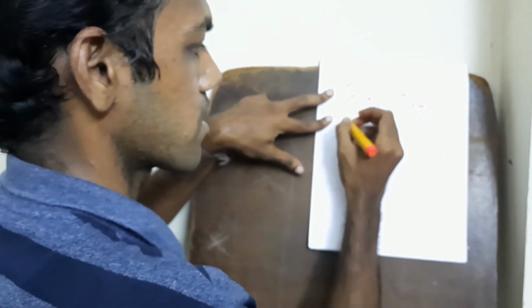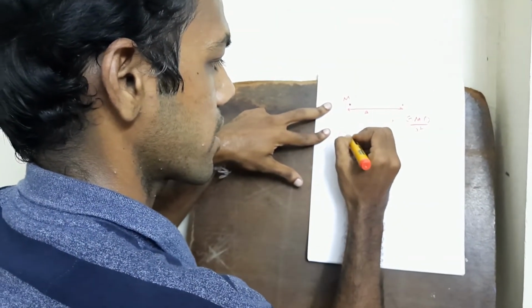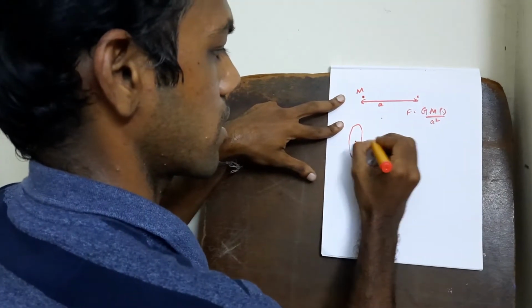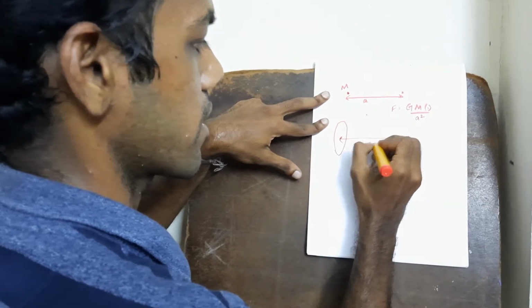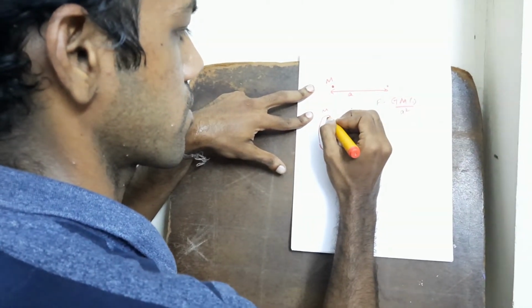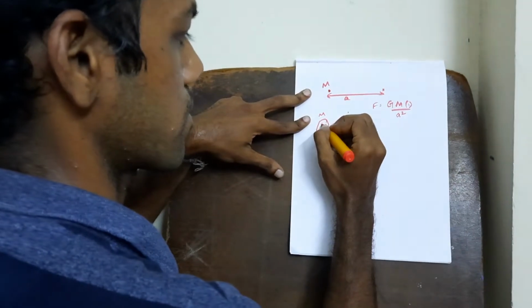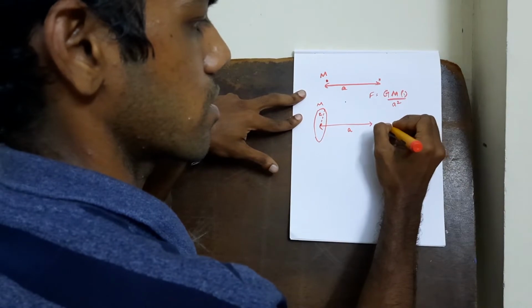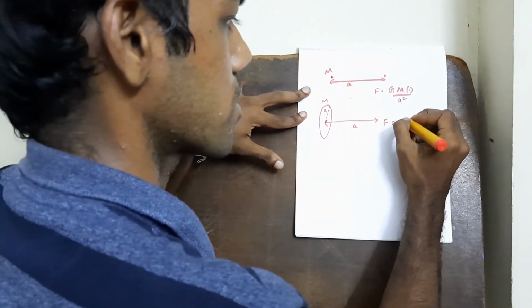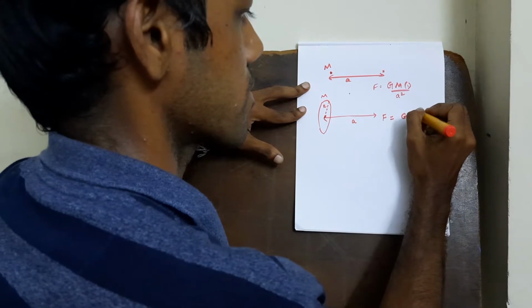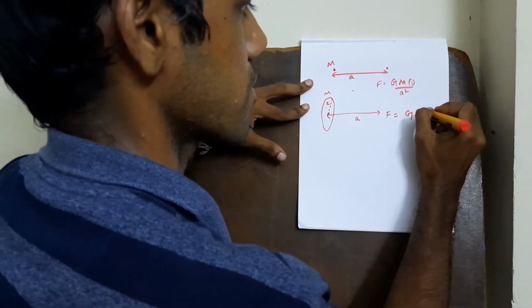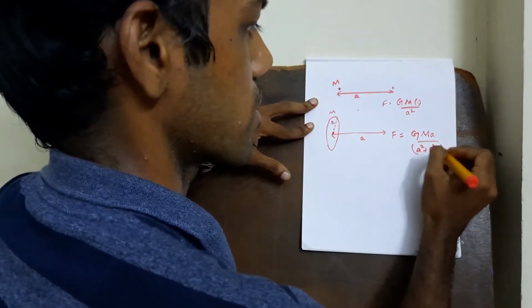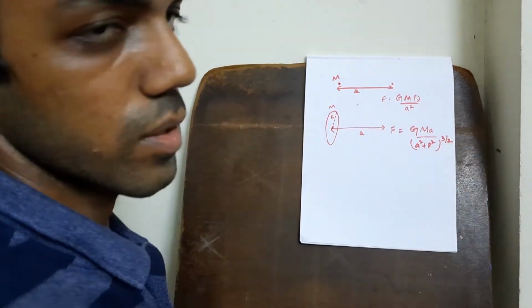The same thing when we do for a ring, at a distance a, the force is equal to GM a by (a square plus r square) whole power 3/2.